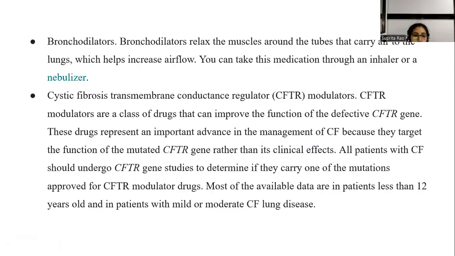Bronchodilators are again among those that help with the mucus. Then we have the CFTR modulators. For these, we need to know which gene variation is present; accordingly, the treatment can be given.